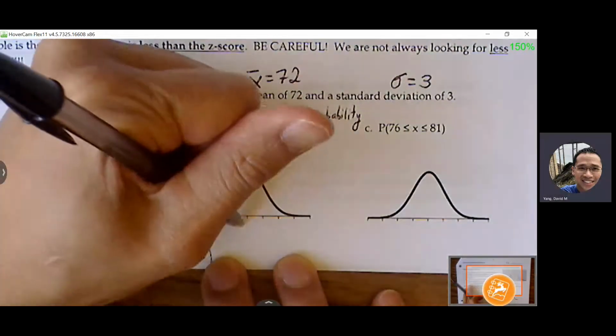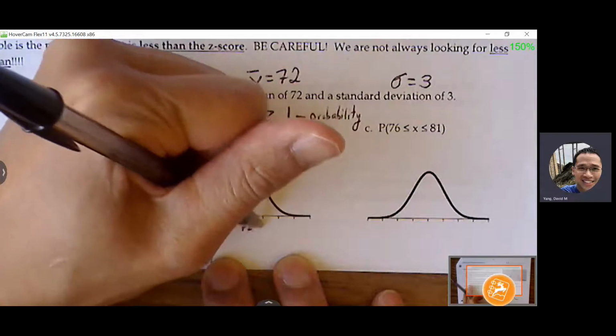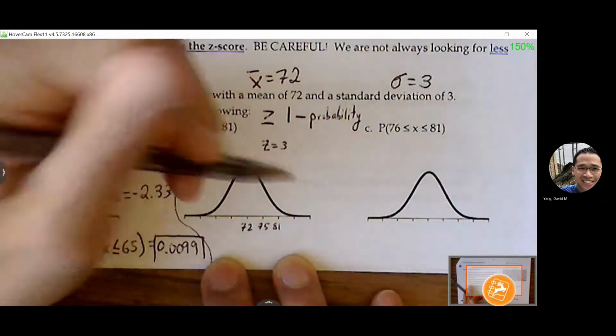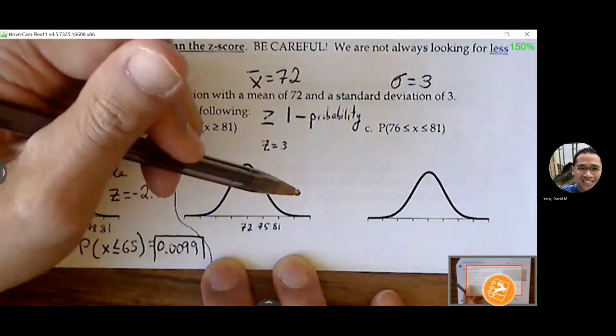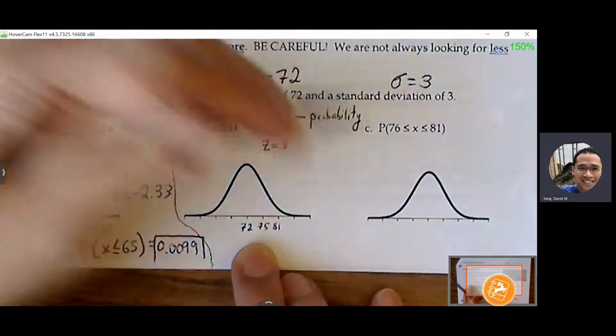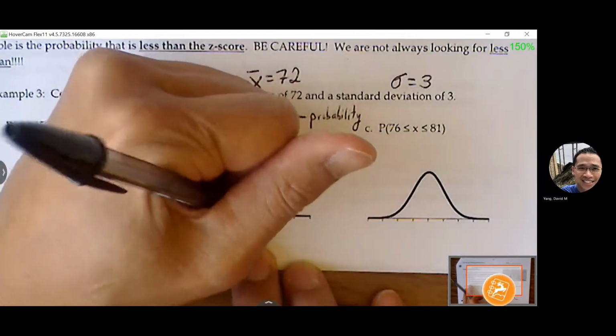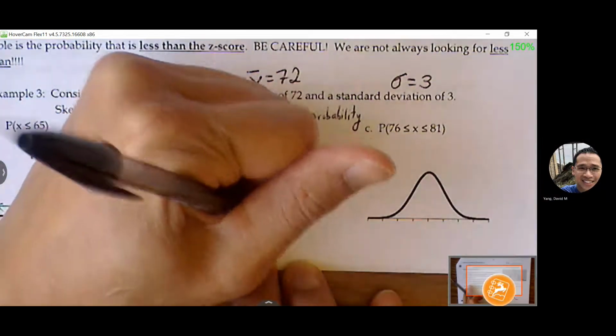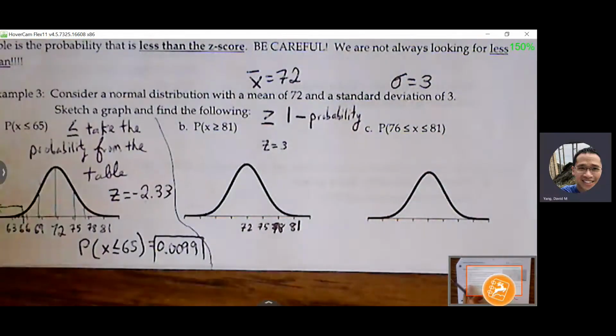Again, as you can see, it's not going to line up nicely. $72, $75, $78, $81.